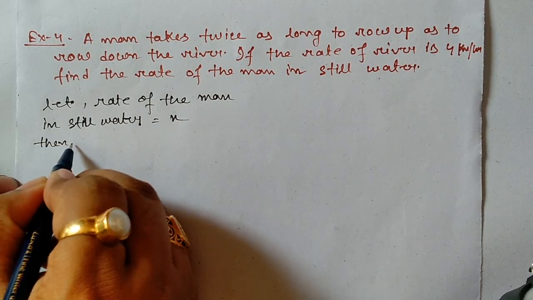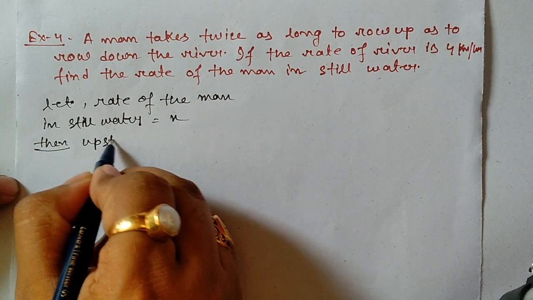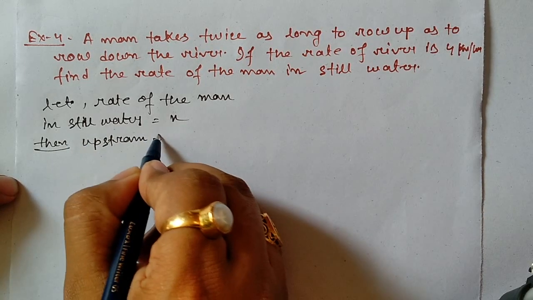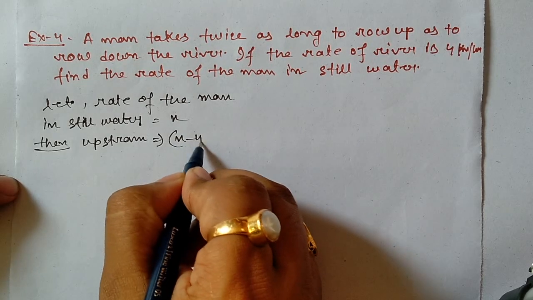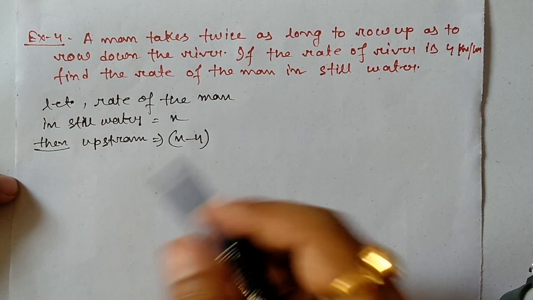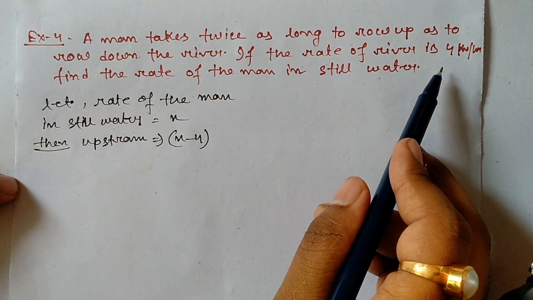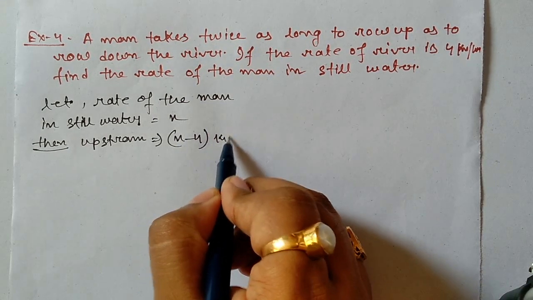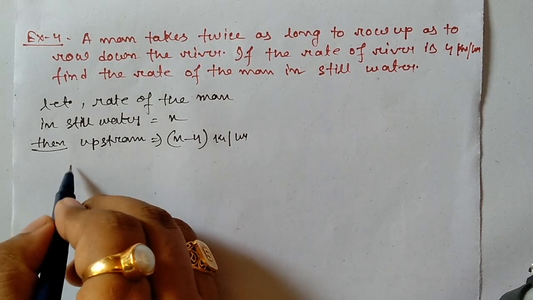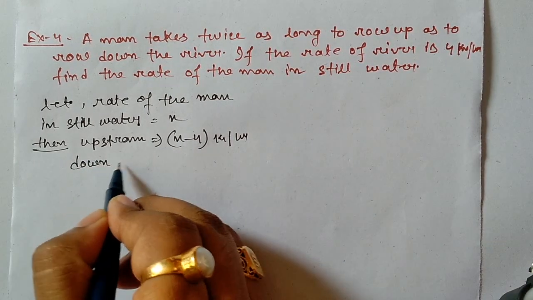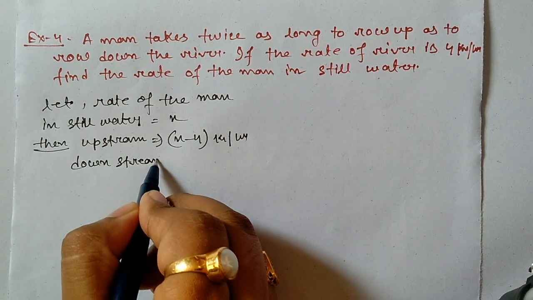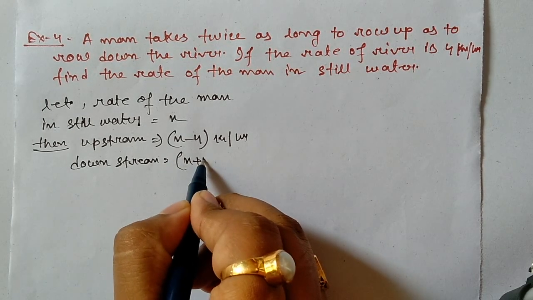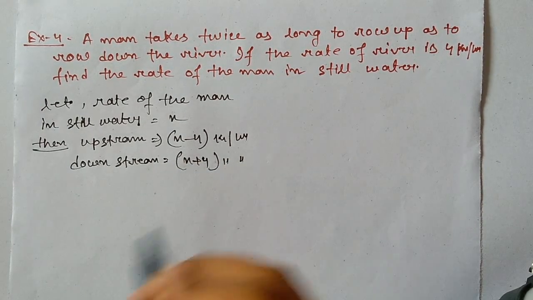Then the upstream speed should be x minus 4. Why? The rate of the river is 4 km per hour, so the upstream speed should be x minus 4 km per hour, and the downstream speed should be x plus 4 km per hour.